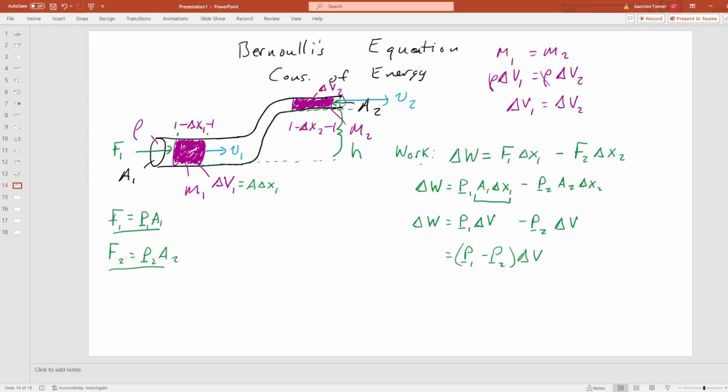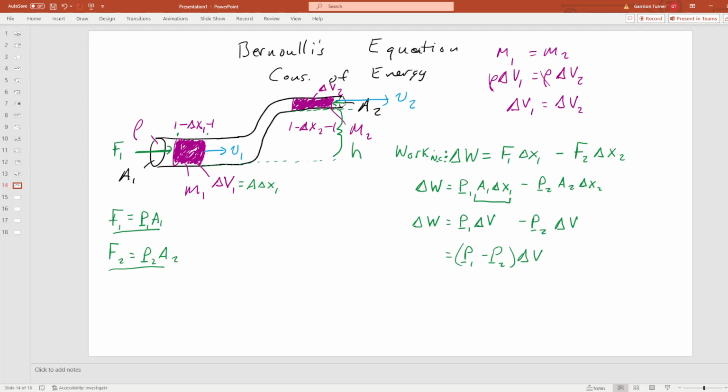And by the way, this is work done by non-conservative forces. In other words, whatever's creating the pressure on this end to push the fluid through the pipe is going to be some external mechanism.